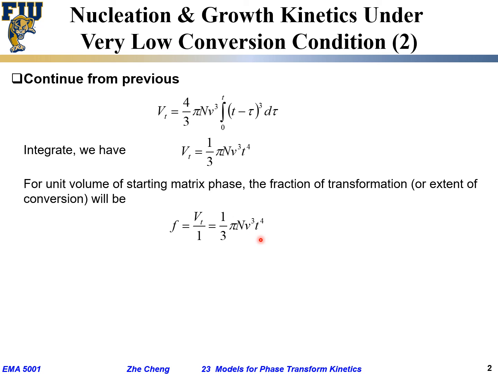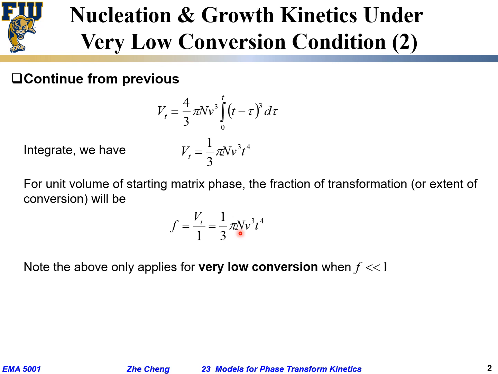Okay, and of course from this equation you see that the volume fraction would be higher if the time is longer, which makes sense. If the growth rate V would be faster, also makes sense. And also F, the fraction of conversion, would be higher if the nucleation rate N would be higher. And that makes total sense when you consider it. Okay, so we have a so-called simplest kinetic model that relates F, the fraction of conversion.